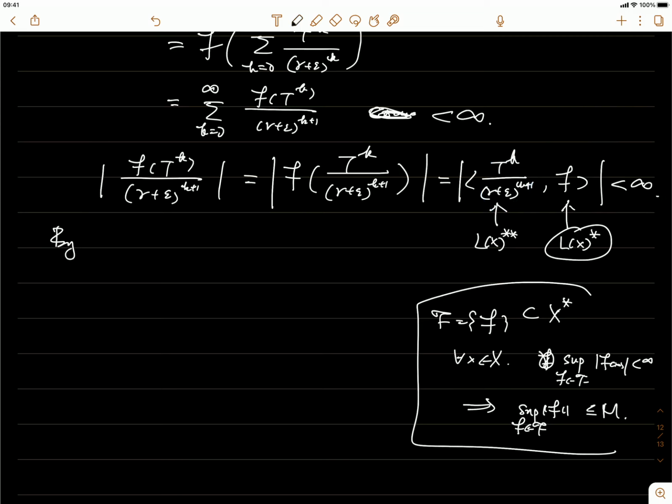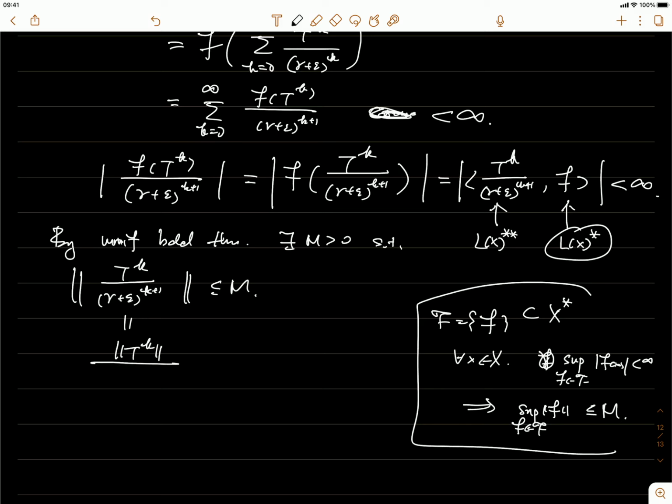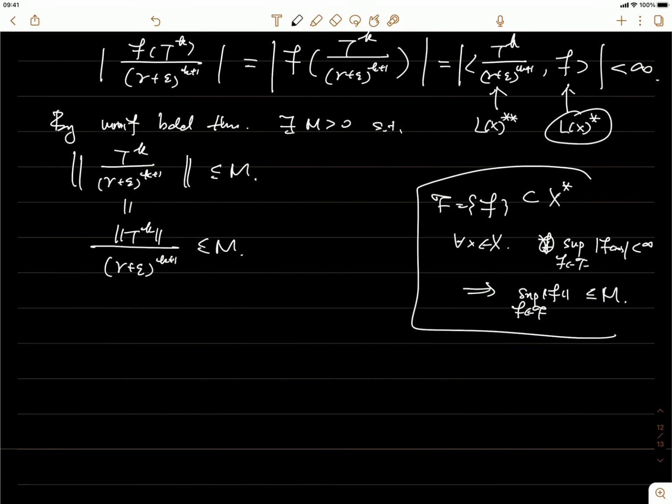So by the uniform boundedness theorem, there exists some M such that T^k over (r plus epsilon)^(k+1) is bounded by this M. This left-hand side is just the norm of T^k over, because it's a positive constant, I just move it outside, and it's less than or equal to M. Then I exchange these two and take the k-th root. I get r plus epsilon is bigger than or equal to 1 over M to the power 1 over k, times the norm of T^k to the power 1 over k.